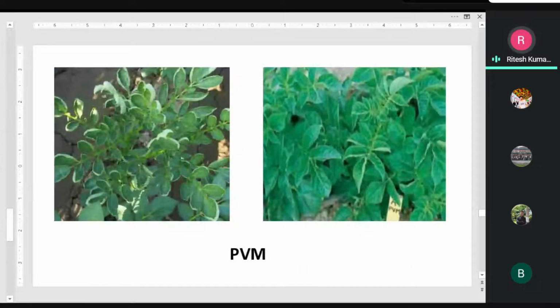So अर्को छ PVM, potato virus M. In this case there is of course some kind of mild mosaic symptom, but the most diagnostic symptom is the appearance of spoon-shaped, चम्चा जस्तो leaves. Sometimes the symptoms also resemble potato leaf roll virus को symptoms. So soft curling of the leaves.